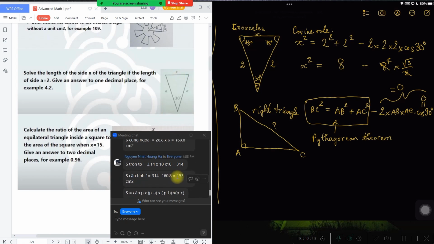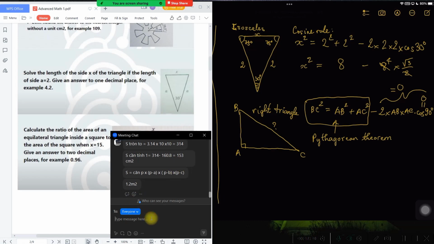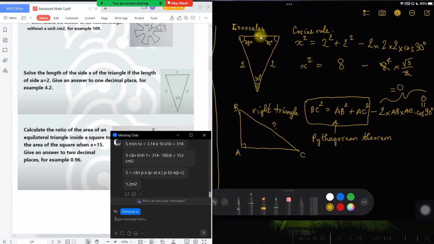Since the half angle is 15 degrees, sin 15 equals opposite over hypotenuse. You can split this one, one formula and you get the answer. So alternatively, you can do that.